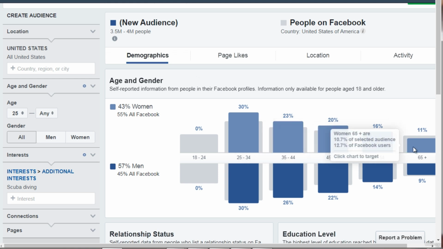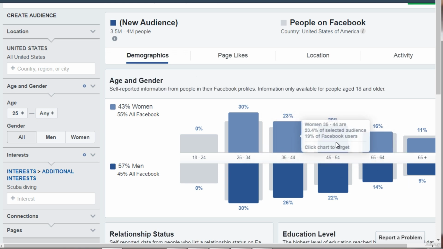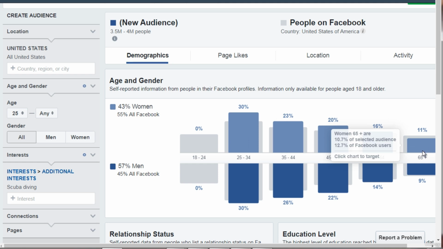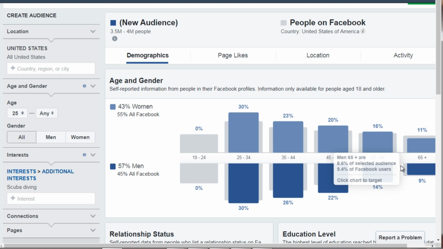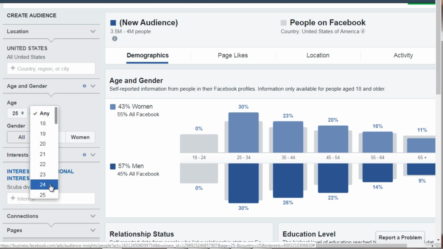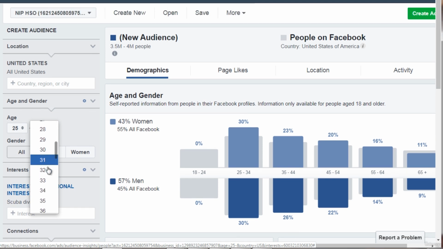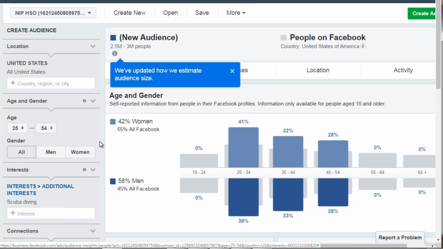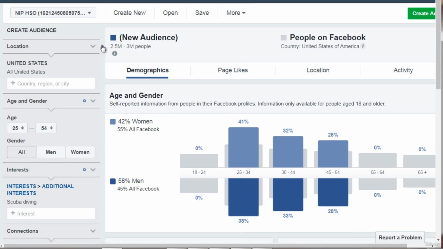And we can kind of get an idea that this is the majority, and then it kind of sinks down here. So let's just say we're going to start with this group here. And let's end it at 54. And now we have about 2.5 to about 3 million.